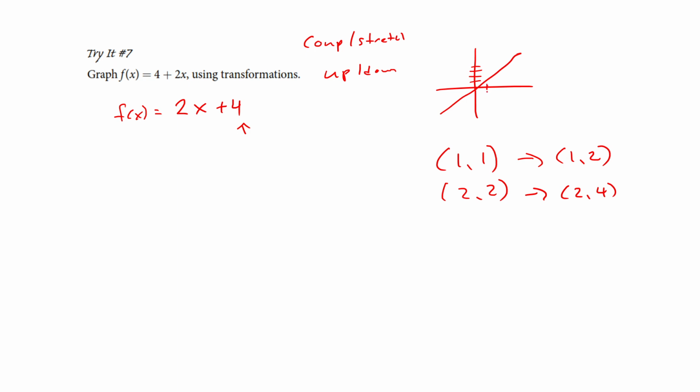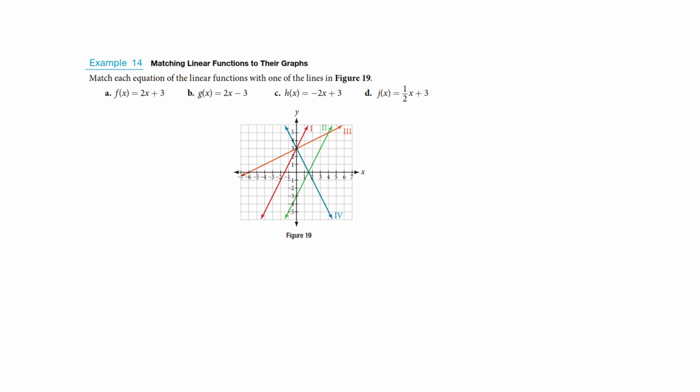So now I have points at 1, 2, 2, 4, a more tilted line. I would then move that new tilted line up 1, 2, 3, 4. And there's my final line. Again, it's clever, but not really essential at this point. We'll talk more about that with transformations.